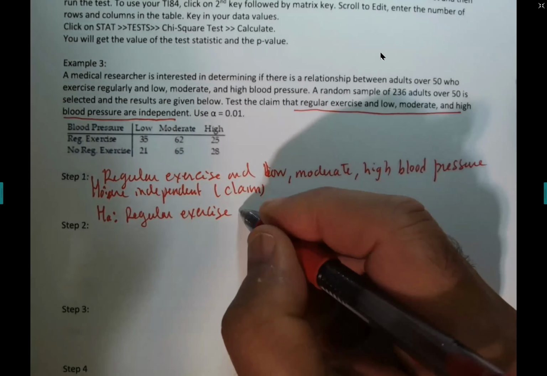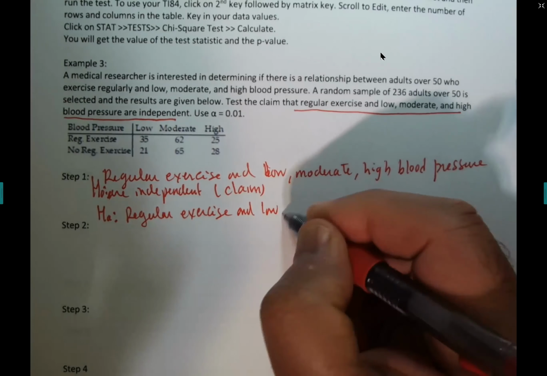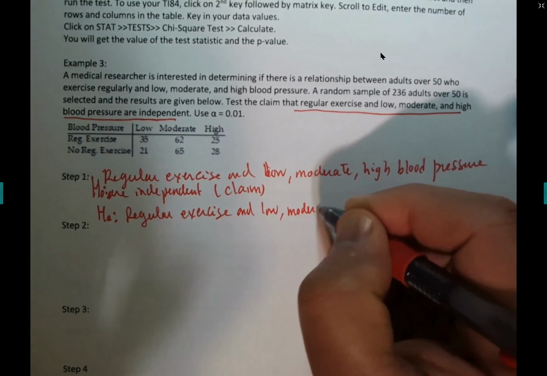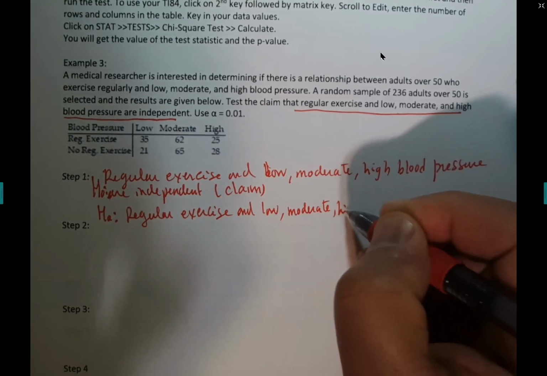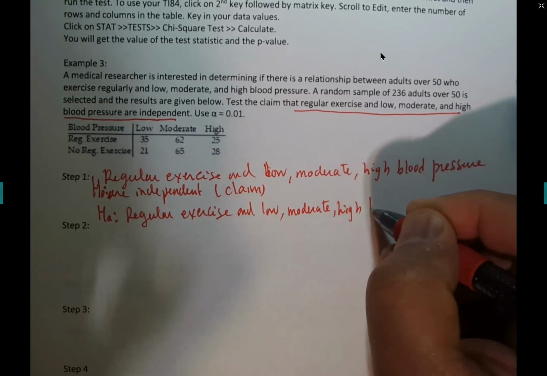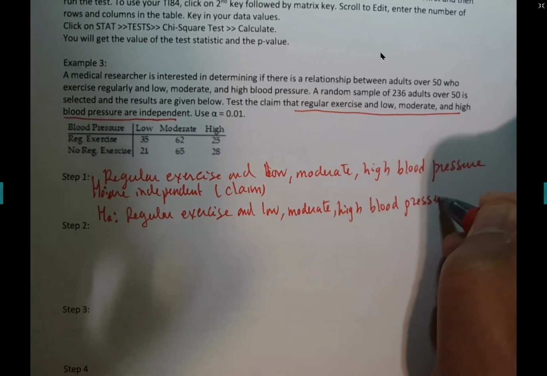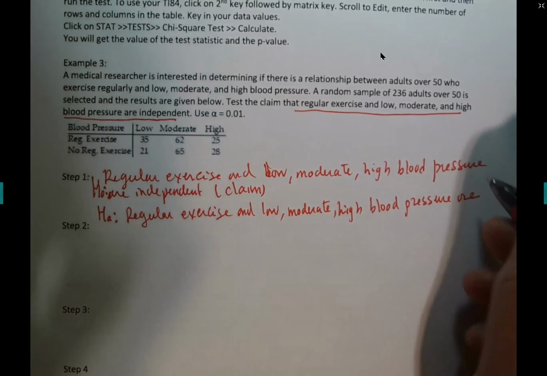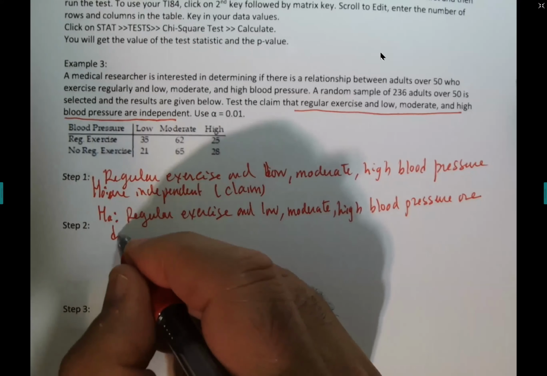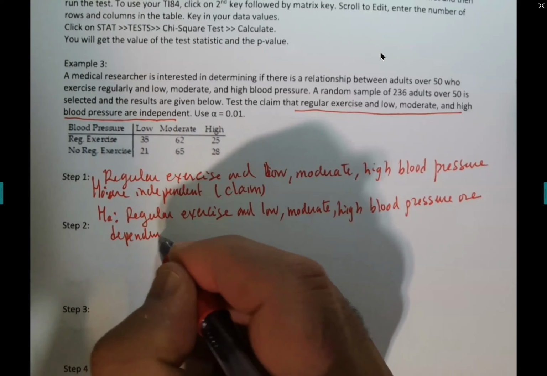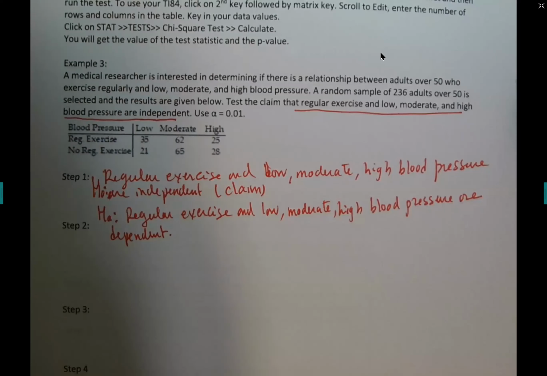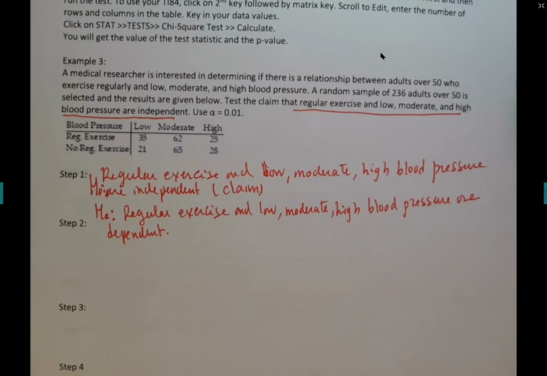Regular exercise and low, moderate, high blood pressure are what? Dependent. Okay. So this is the first statement, the null and the alternative hypothesis.